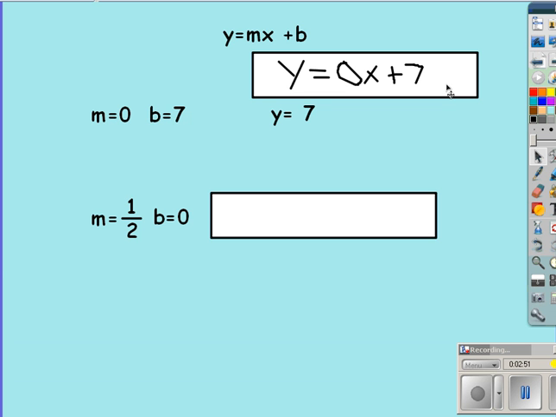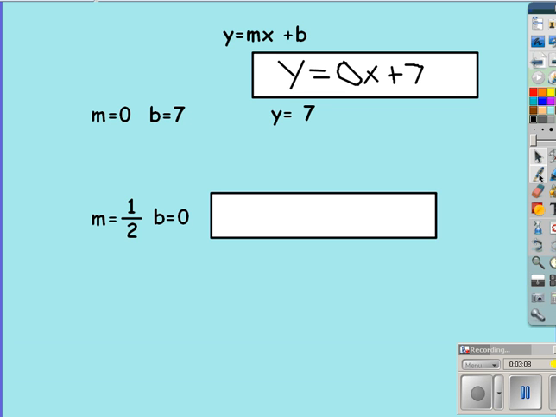So instead of y equals 0x plus 7, we really can just say y equals 7. And vice versa. If you see a problem that says y equals 7, there are 0 x's there. So that's the same as saying y equals 0x plus 7.